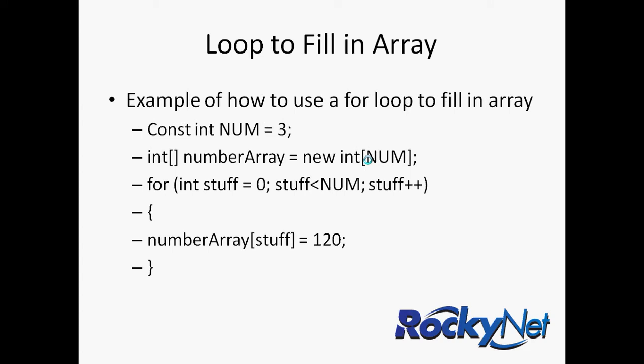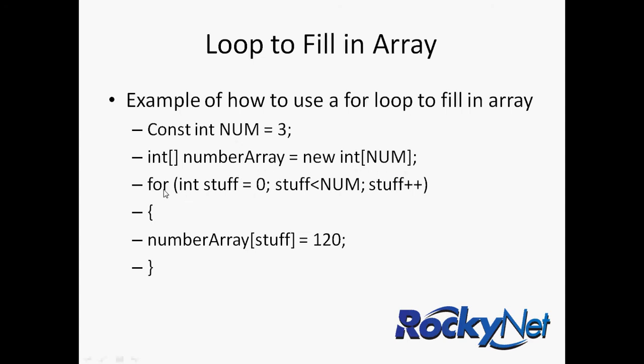Okay, looping to fill arrays. The example shows you how to loop to fill an array. So I put again my constant int number 3, so this is going to leave 3 spots. Then I establish my array, int brackets, my variable equals new int number, so this is going to give the number array 3 instances.